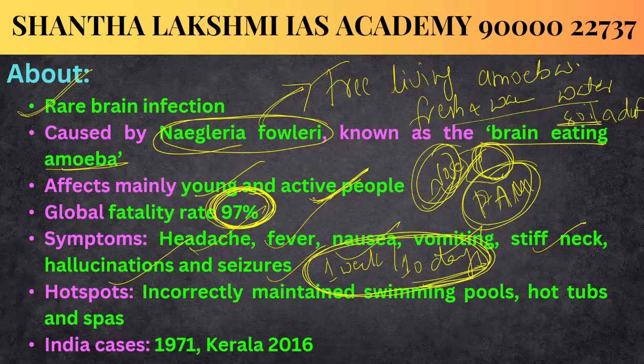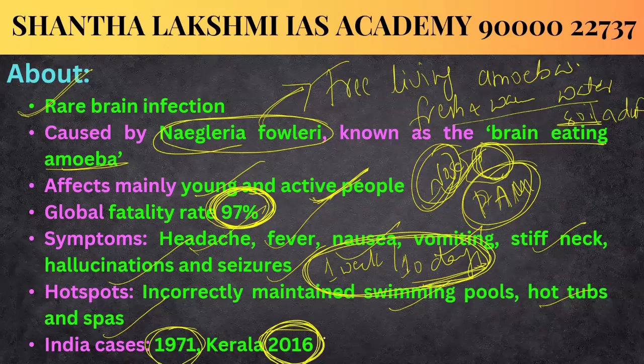And what are the hotspots for this free living amoeba? That is the incorrectly maintained swimming pools, hot tubs, and spas. So the incorrectly maintained, unhygienic swimming pools, hot tubs, spas and other areas. There this free living amoeba will live, and it will enter the humans through the nose. In India, its first case was reported in 1971, and in Kerala, the first case was reported in 2016.